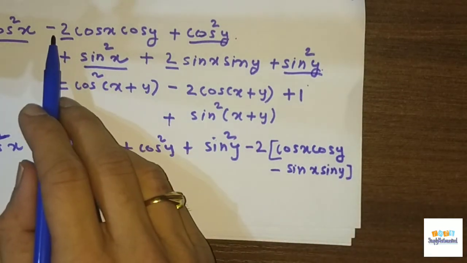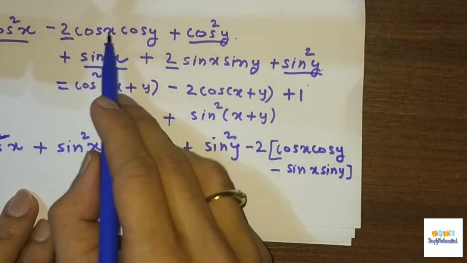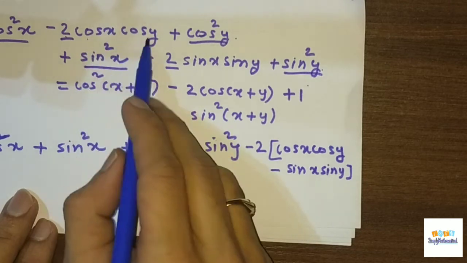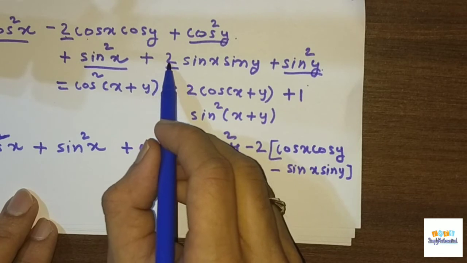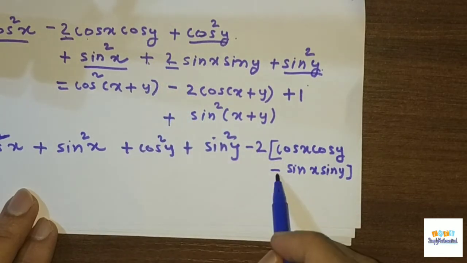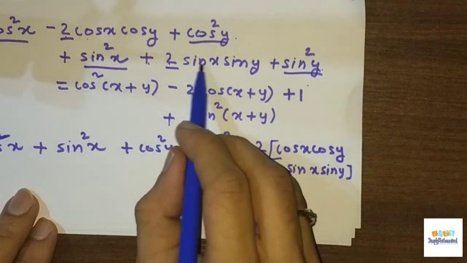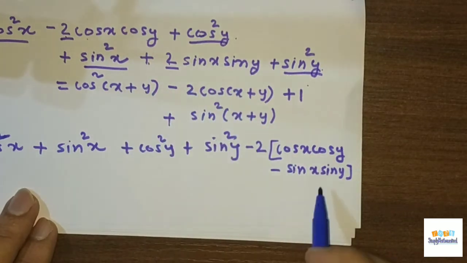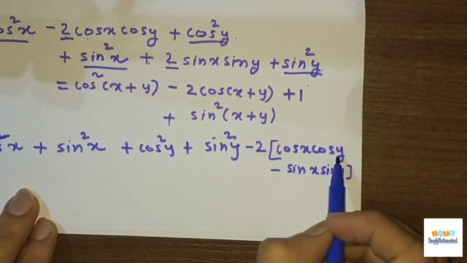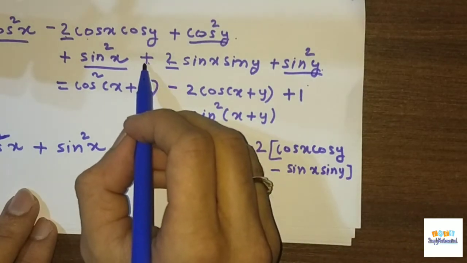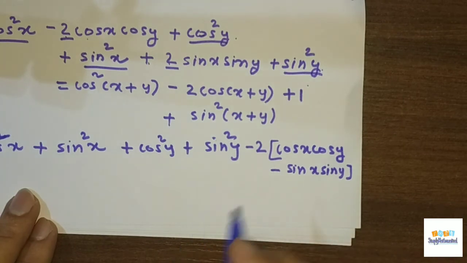Because you are taking the minus sign common, the minus sign will remain with sin x sin y. You can multiply and see, you will get back the terms: minus 2 cos x cos y, minus minus plus. So we take the minus sign out.